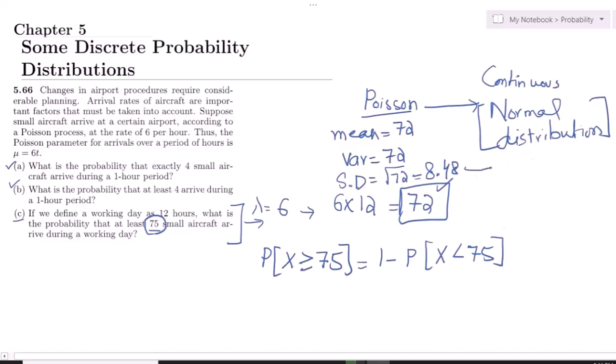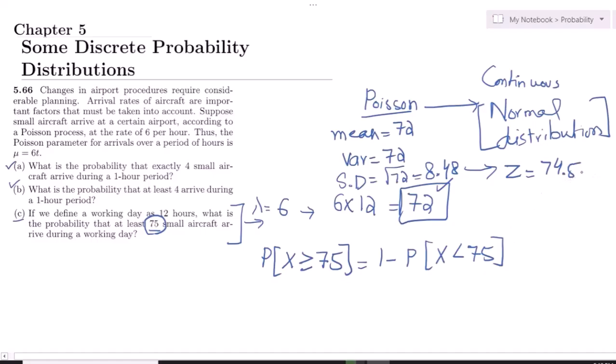Now in order to do it using the normal distribution, we have to use the z-score. We will also discuss it in our upcoming videos, but what is a z-score? We write 75, and as the value of x is less than 75, we can write here 74.5, which is the thresholding factor.